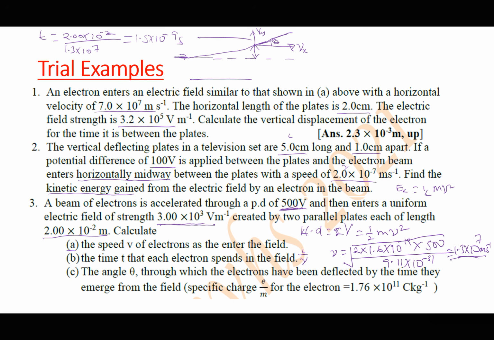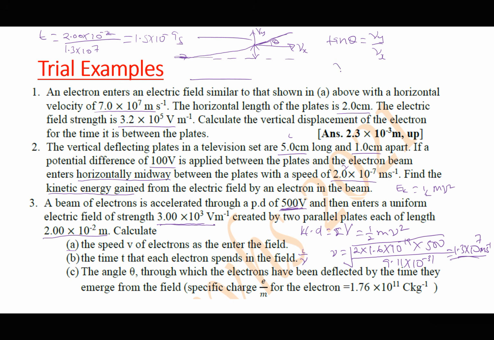As a mathematician or somebody who studied projectiles, you will simply see that tan theta is going to be Vy divided by Vx. To find theta, all we need is Vy. Vx remains the same because there is no acceleration in the horizontal.